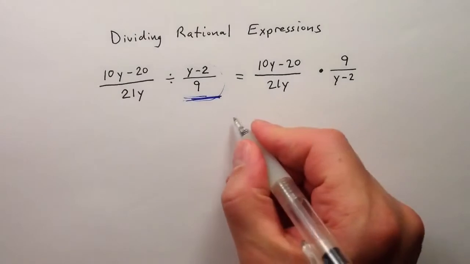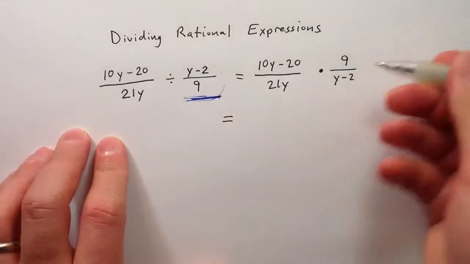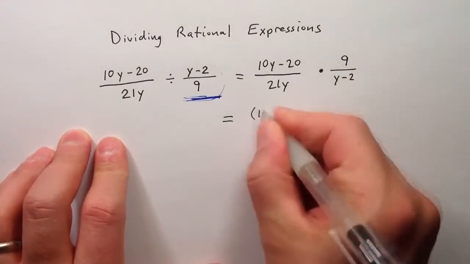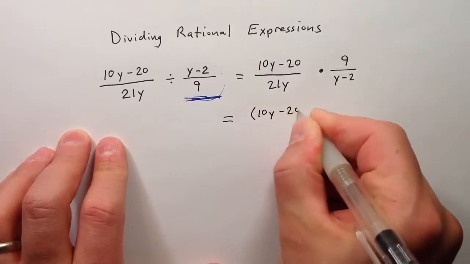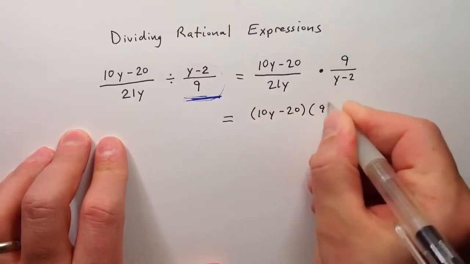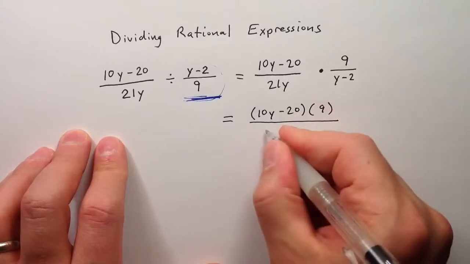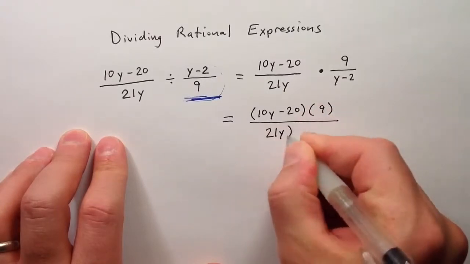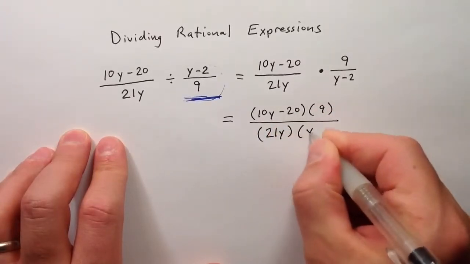And so now I can multiply the two numerators together. I get 10y minus 20 times 9, and I can multiply the two denominators together, 21y times y minus 2.